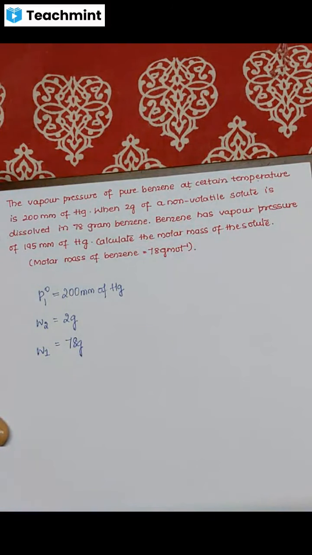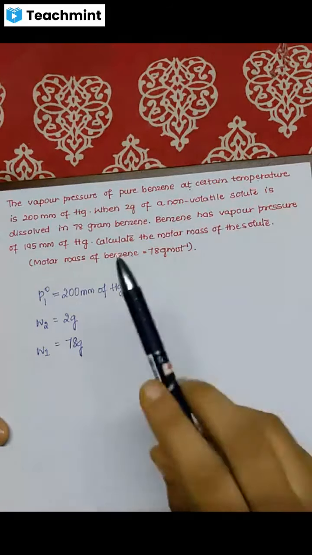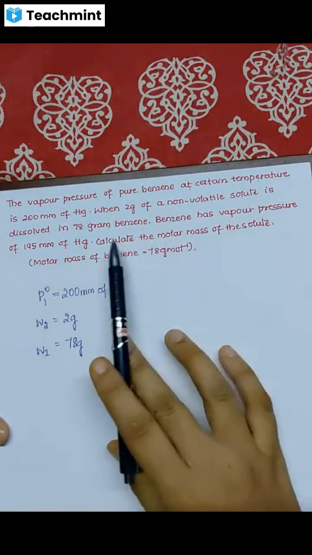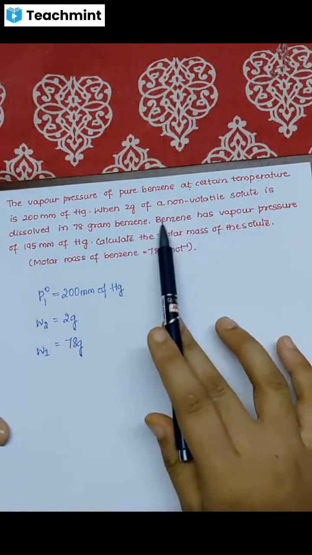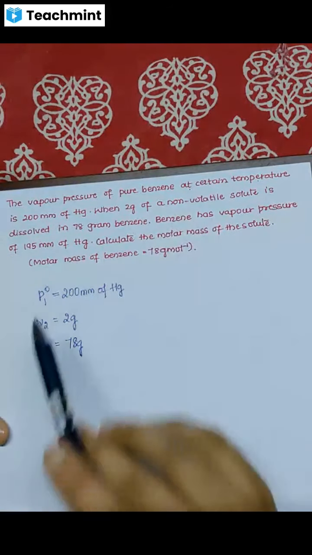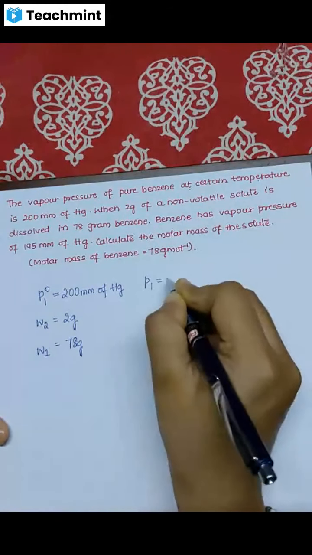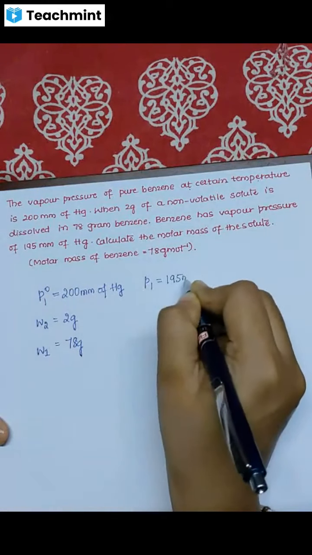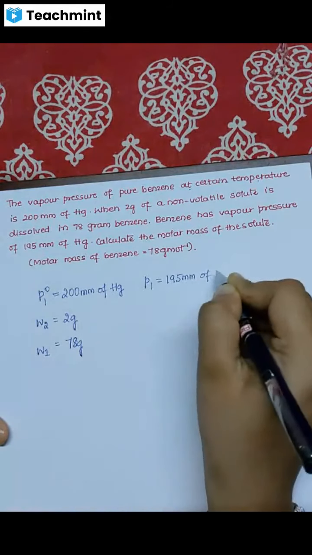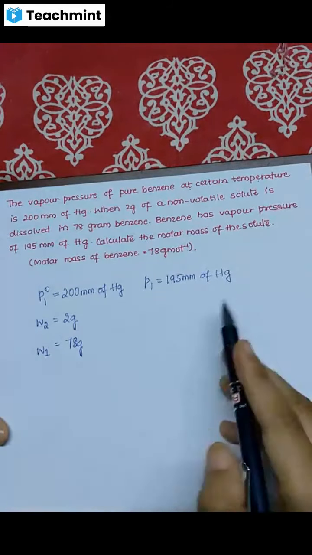Benzene has a vapor pressure of 195 mm of Hg. So P1 equal to 195 mm of Hg.